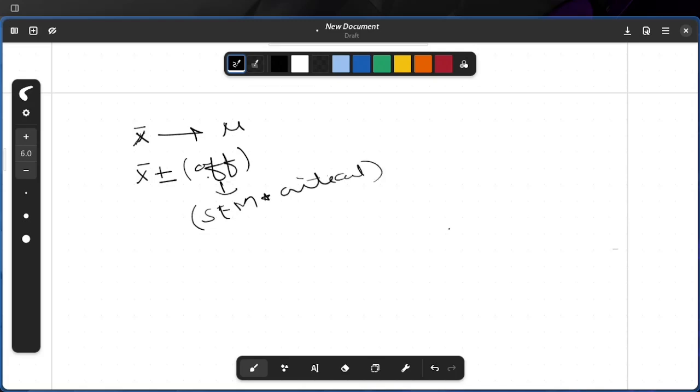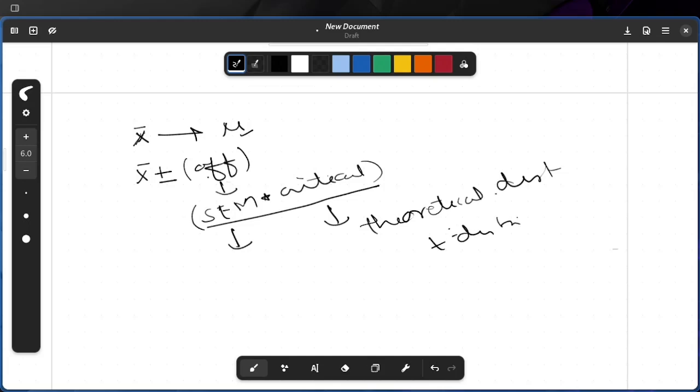We subtract and add this in order to capture the population parameter with a certain degree of confidence. This SEM is calculated using the sample standard deviation if the population standard deviation is not known, divided by the square root of the sample size. And this critical value is taken from the theoretical distribution we are assuming for our data. This can be a t distribution or a normal distribution.